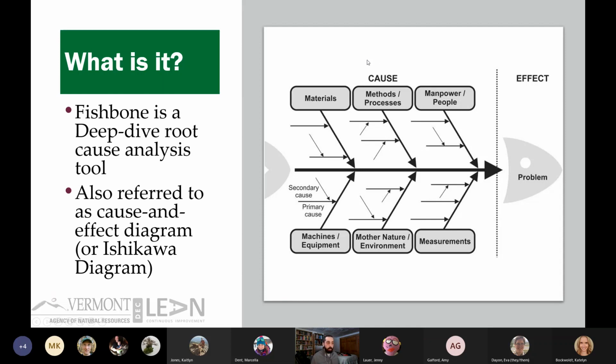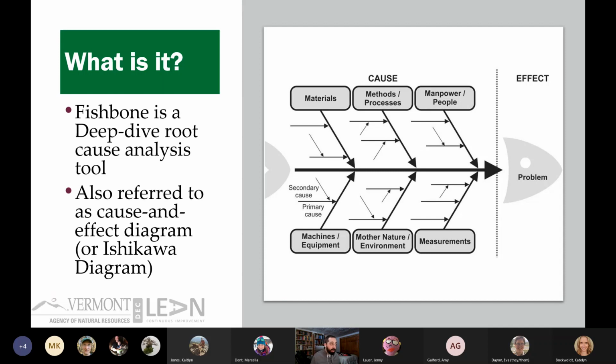And although we're going to talk about many different ways that you can utilize a fishbone diagram, it breaks down into these core elements. So you have these arrows that connect to the main problem and they set up categories. So you could have, this is an example of materials, methods, manpower, machines, Mother Nature, measurements, or the 6Ms that we're going to talk about. But along each one of these avenues, you have a primary cause that factors into them.